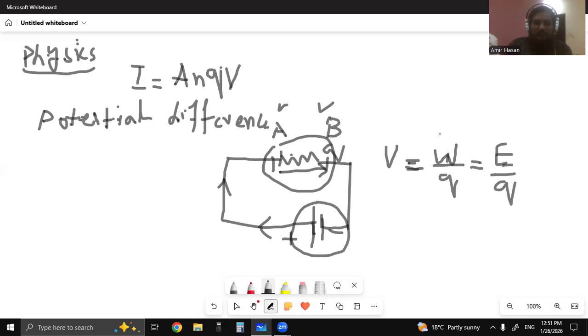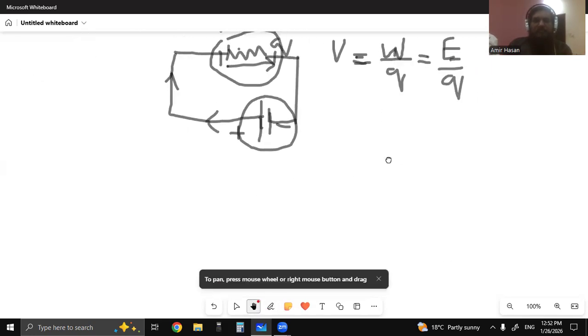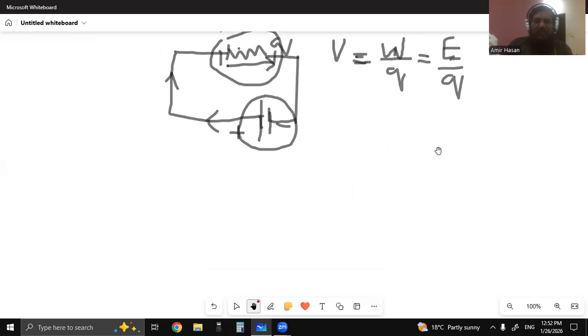The formula is V equals E upon Q, or W upon Q, where W means work. We can represent energy as work, or as E.